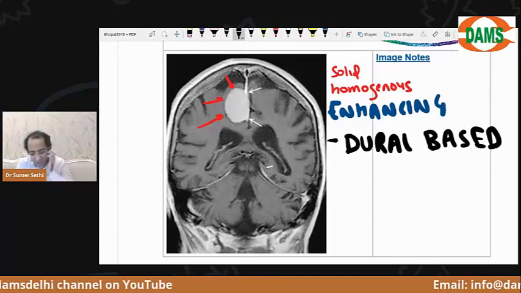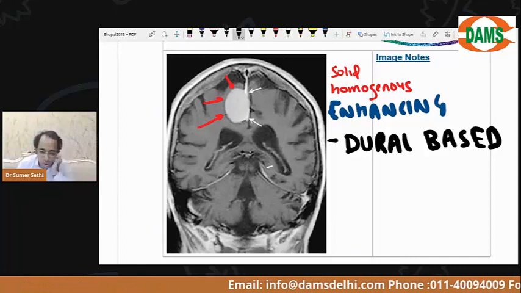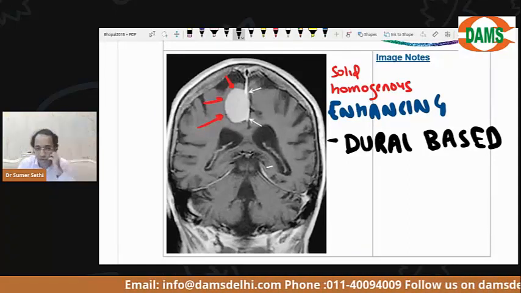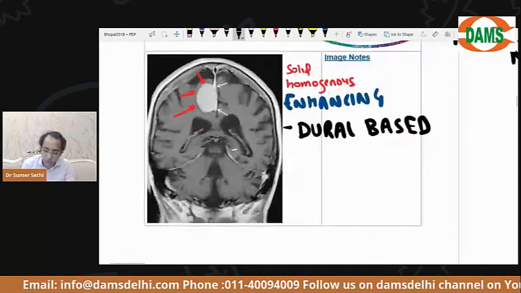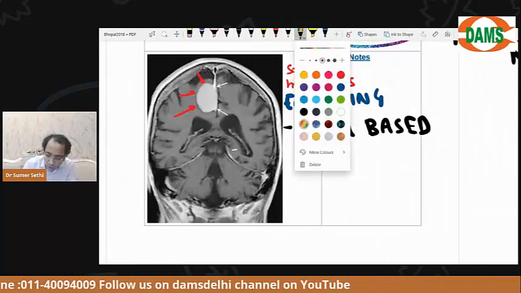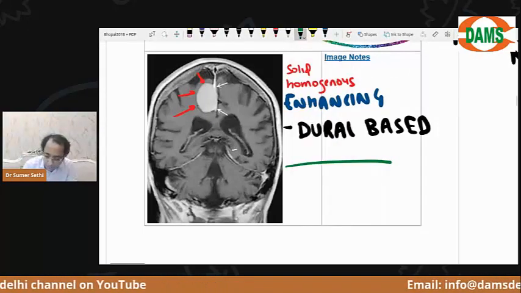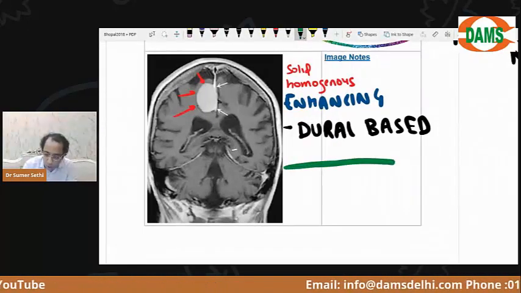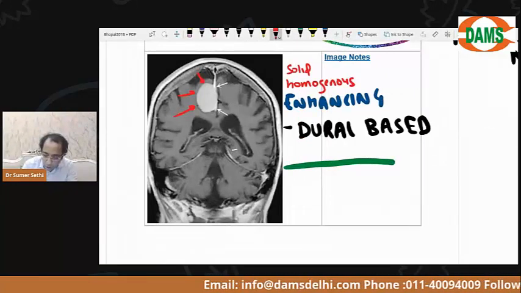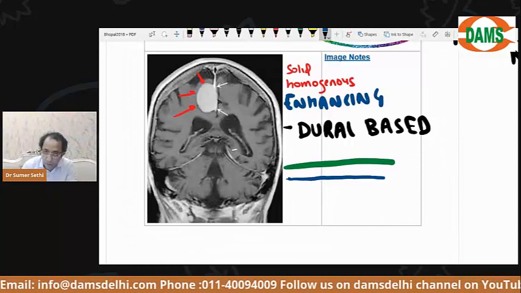So now my thinking is, why would something be based on the dura? It must be arising from the dura. That means if I now explain to you, बच्चे देखो, if this is your dura mater, so below it you have the leptomeninges, the arachnoid mater.